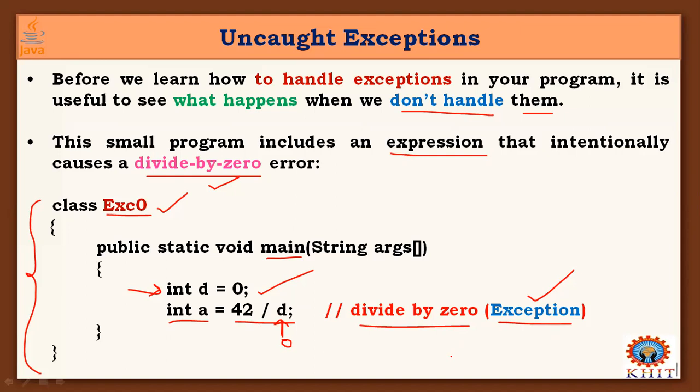First of all, you need to understand this point: it is not a compile time error, it is a runtime error. This error cannot be identified by the compiler, but only at runtime it can be generated, right?